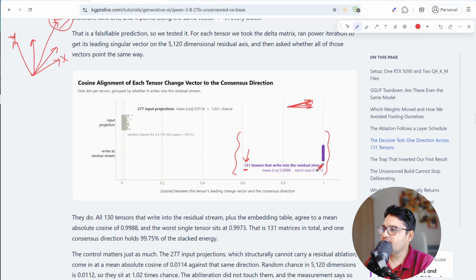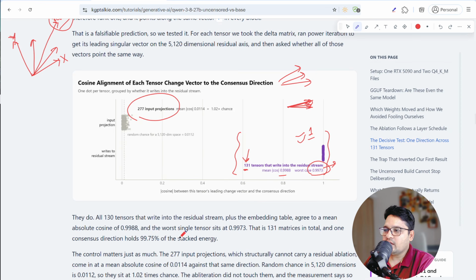Their similarity is very high, 0.9973, so almost 0.99, they are almost similar. Whereas if I tested the similarity of the input projection vector, their similarity is quite low. So with this, I identified that there are 131 tensors which got modified because they were going in a particular direction which was causing the refusal.